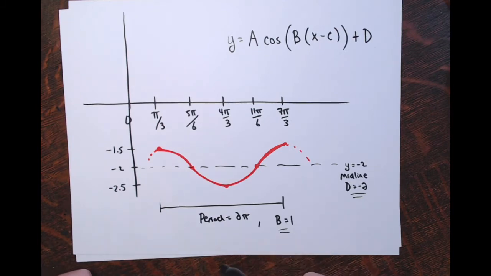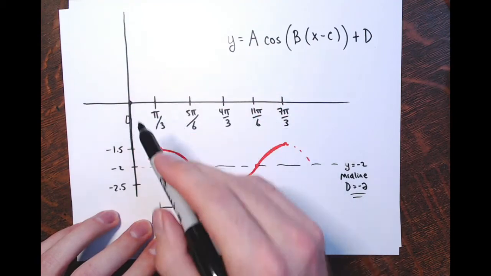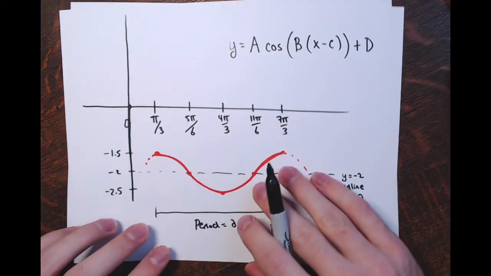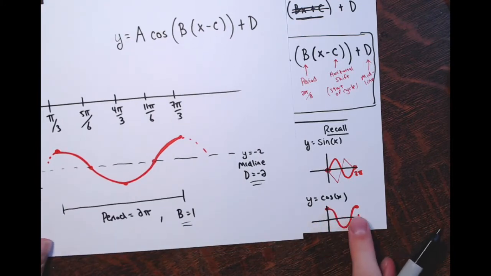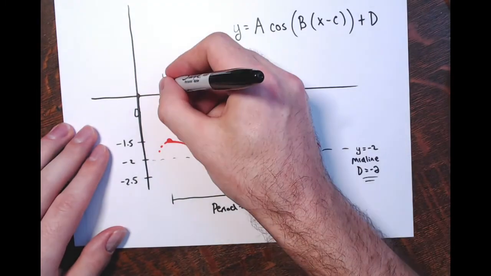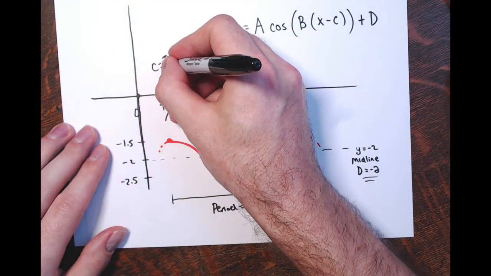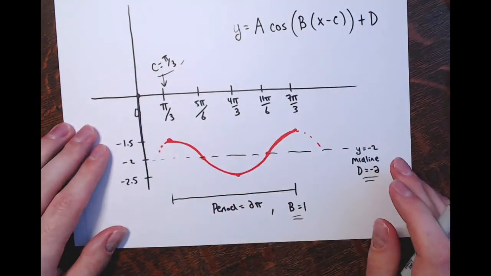Now for the c, I'm here at 0. Remember what original cosine looks like. I had it here. Starts at 0. My first cycle normally. This cycle starts at positive pi over 3. So c equals positive pi over 3. So I'm going to put that after the x minus. This will be x minus pi over 3. So I've got the c.